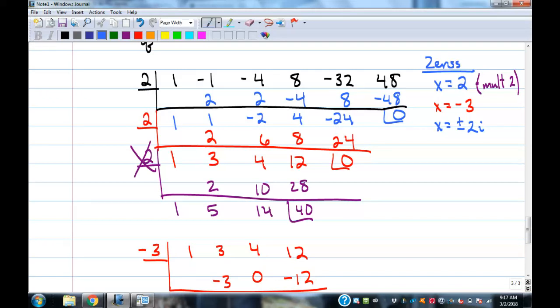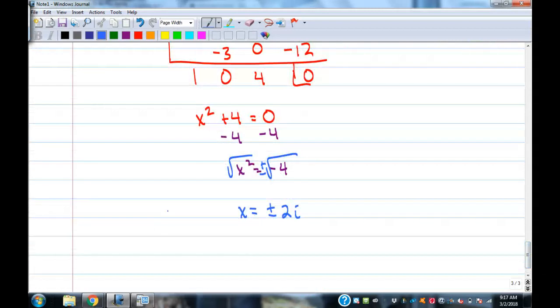Now, the instructions also said factor that thing. So we've got to get a factor for each one of these zeros. So what's the factor for 2? x. Shouldn't it be x minus 2? Because it was positive 2. How many times does that occur? 2. So we get a squared on that. And then -3 was a zero. So what's the factor for -3? x plus 3.